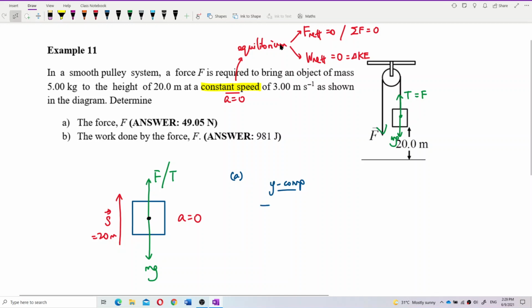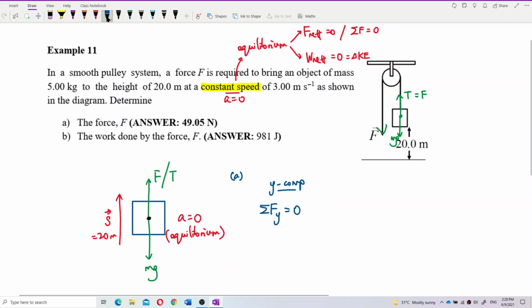Equilibrium means total force in the y component is 0. So equilibrium means total Fy equal to 0.